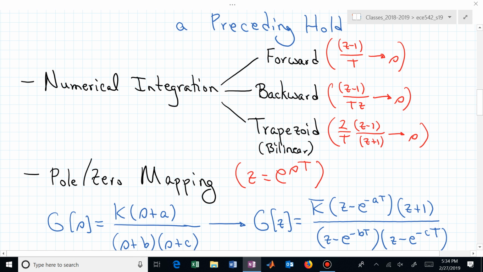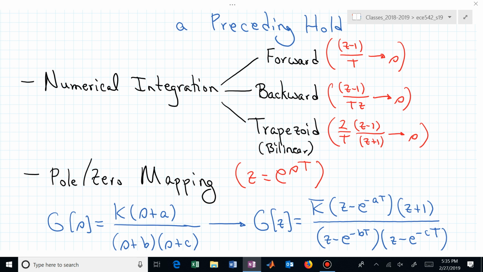transformation. And last time I mentioned that you can't just replace S with Z to get the discrete equivalent, but in fact, using these numerical integration strategies, you can replace S with certain formulas involving Z, and I've indicated what those are in red. So if you do a forward numerical integration discrete equivalent, if you have a transform expression in S, everywhere you see an S, you can replace it with that expression, Z minus 1 over T. And it sort of makes sense.